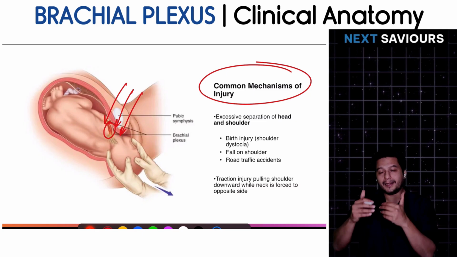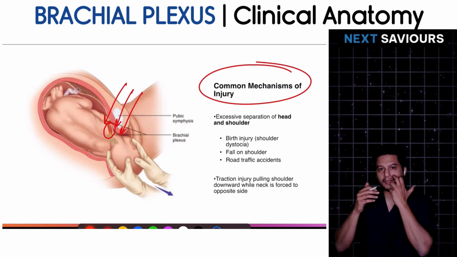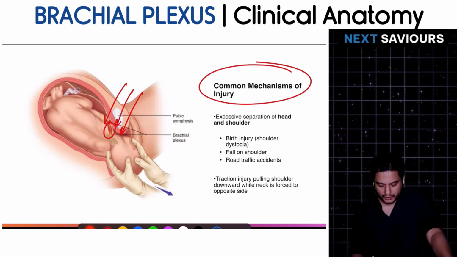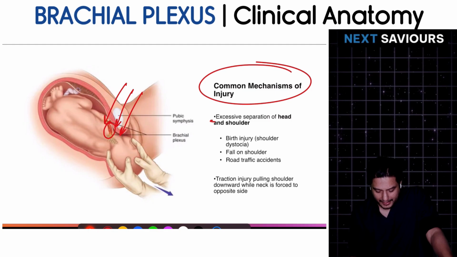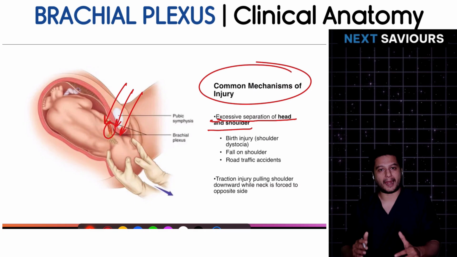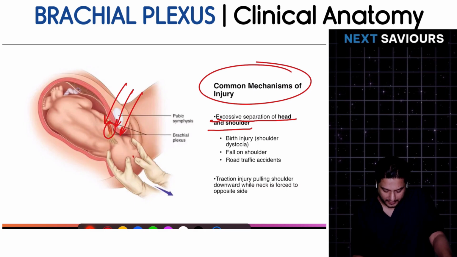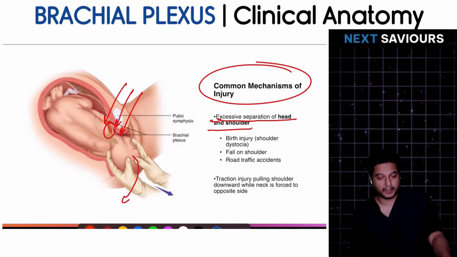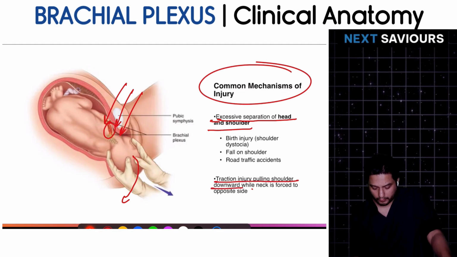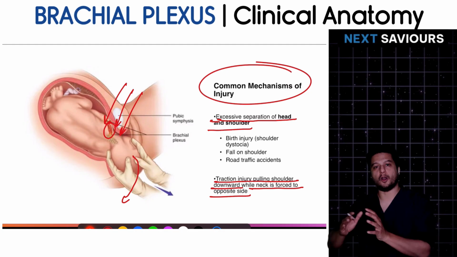And if an untrained dai, or an untrained assistant, is trying to pull the baby out, she might cause excessive separation of head and shoulder, that is, a deviation of the head to the opposite side, leading to a tractional injury while pulling the shoulder downwards when the neck is forced to the opposite side.